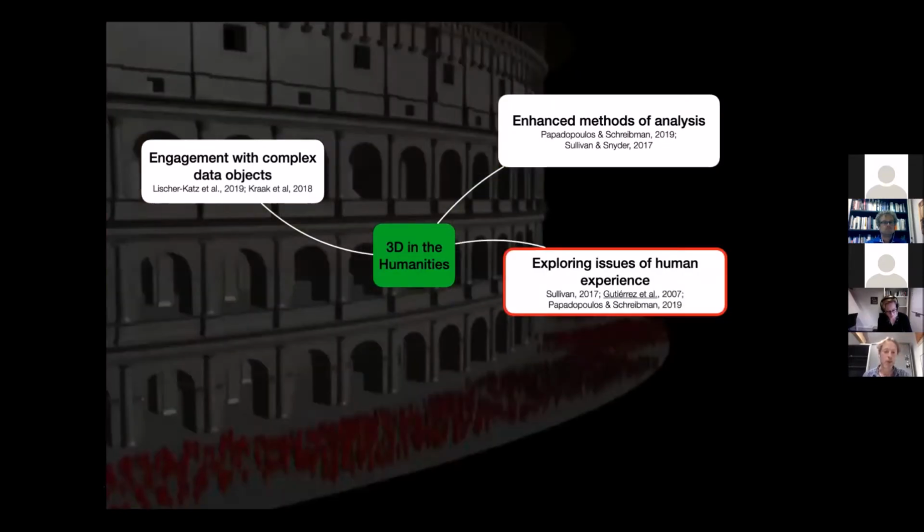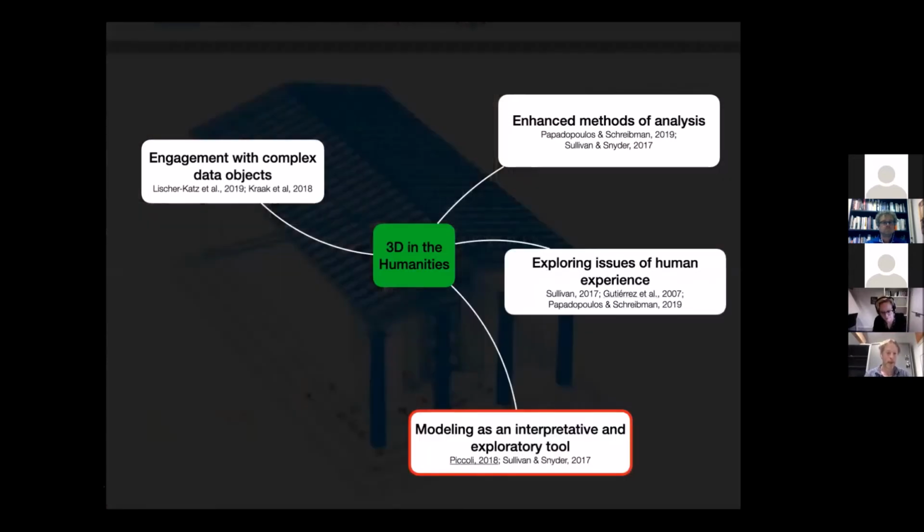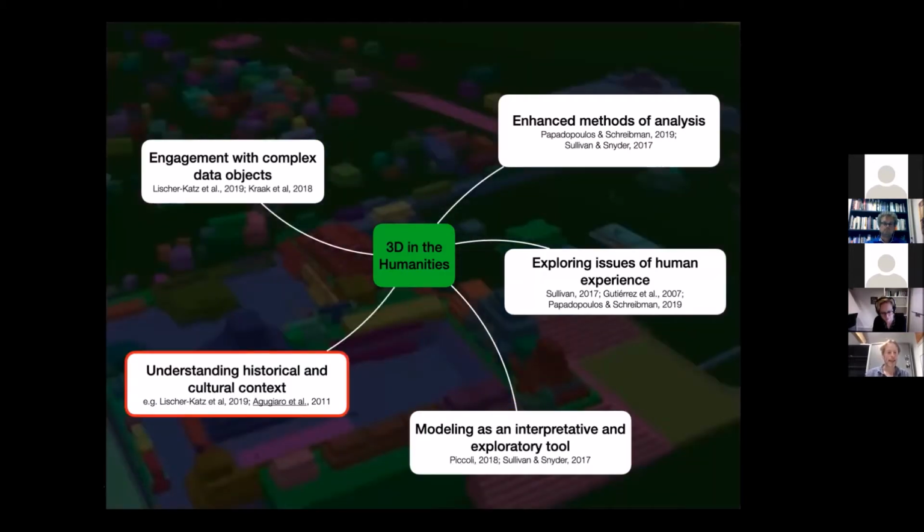You can explore issues of human experience, for instance, how was it in ancient times to be in the Colosseum? You can use the modeling itself, as Chiara already indicated in her presentation, as an interpretative and exploratory tool. And it's possible to understand historical and cultural context from 3D models, from 3D environments.